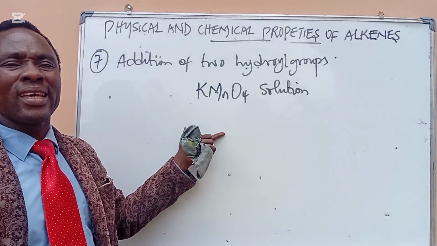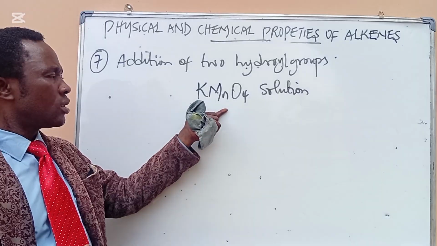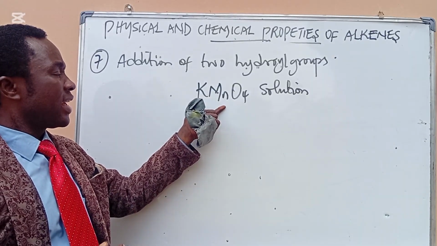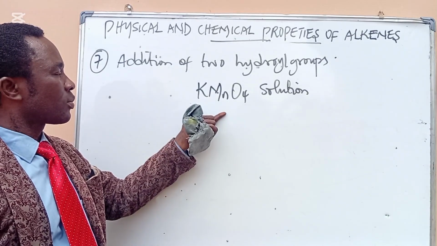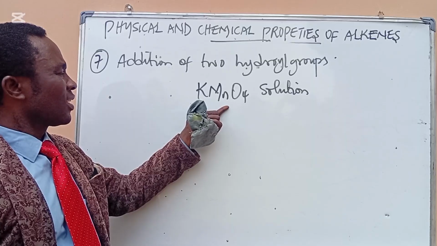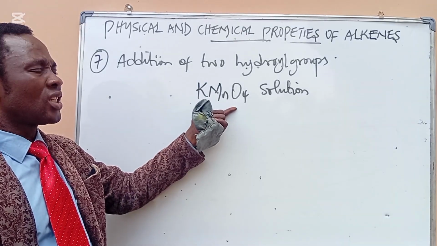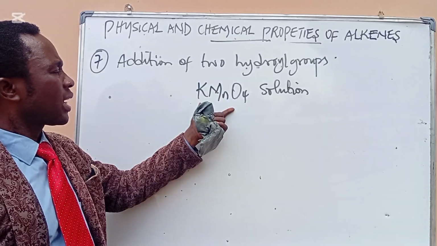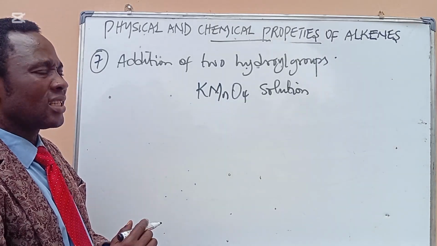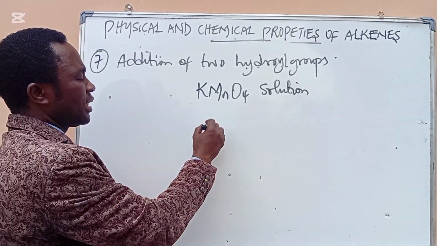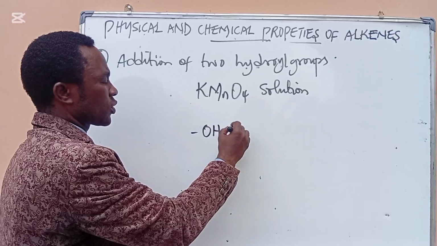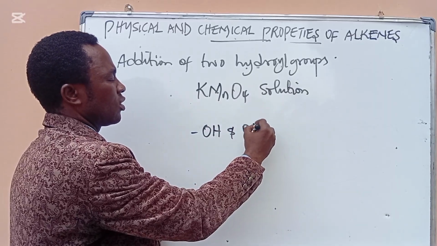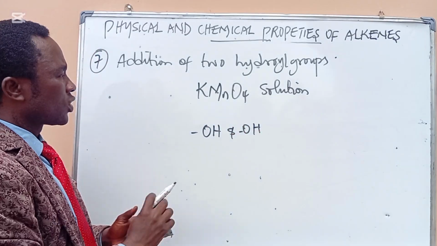When alkenes react with this oxidizing agent solution, a solution of KMnO4, it seems as if you are adding two hydroxyl groups to the alkene.